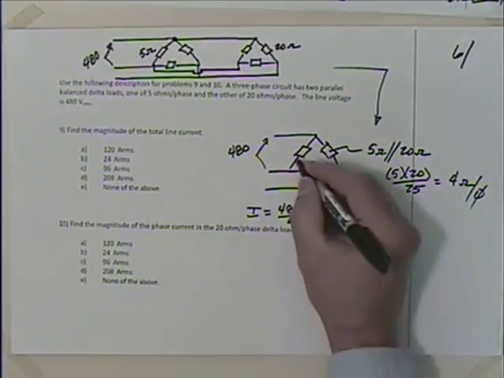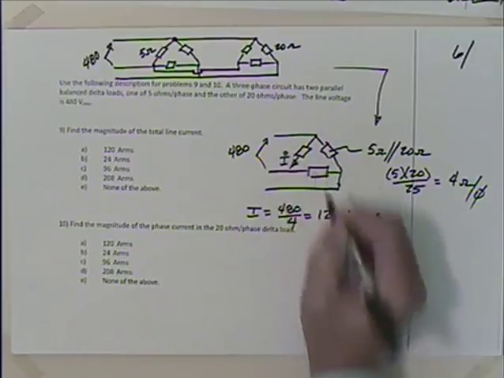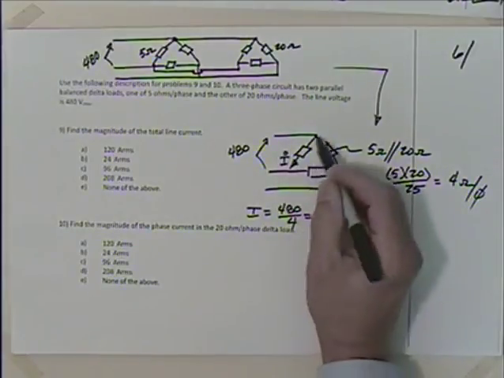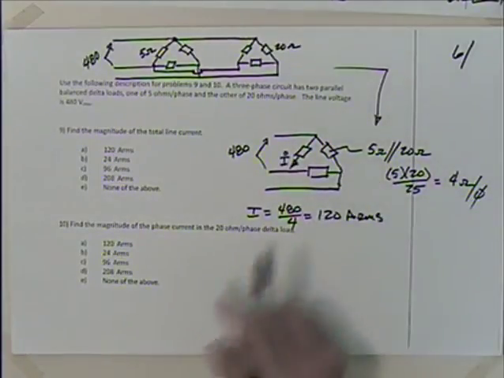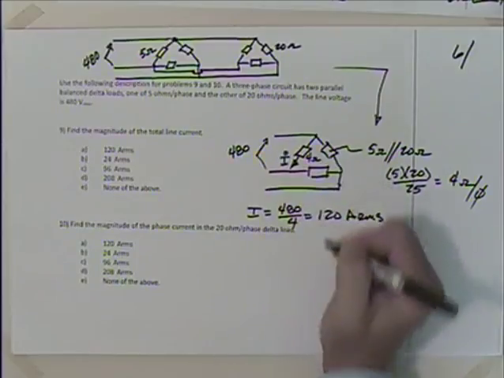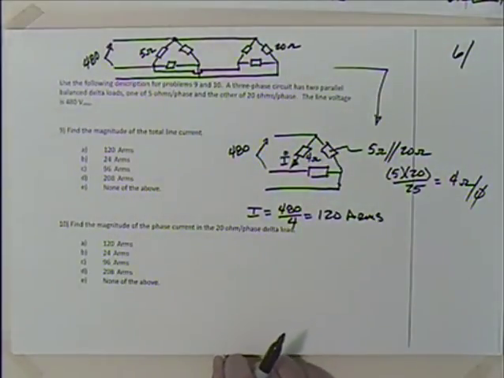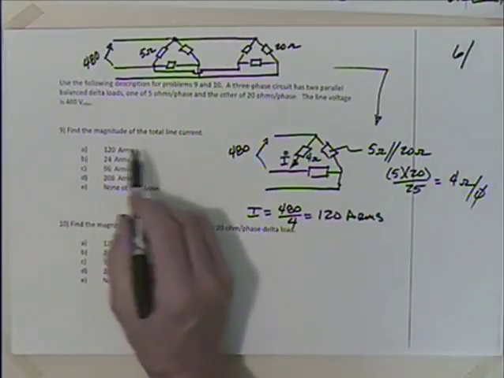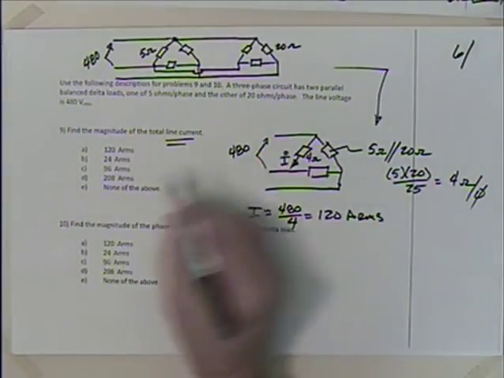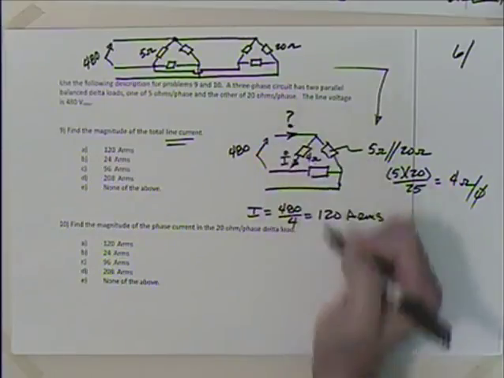And where is that? That would be right in here, wouldn't it? Yeah, I mean, we've got the voltage across there, and we've got 4 ohms. This is 4 ohms, so that's the current that we've got in there. And what do we want? Line current.